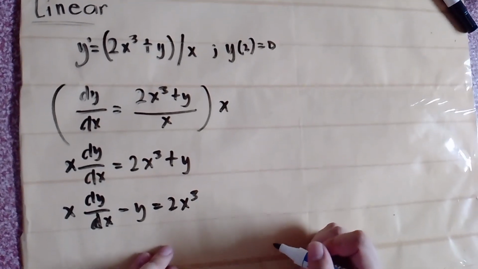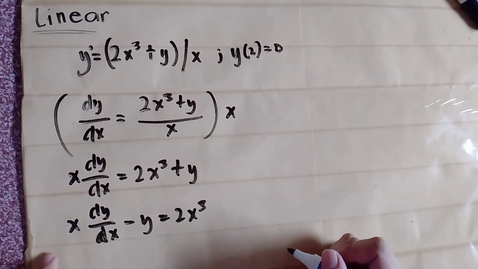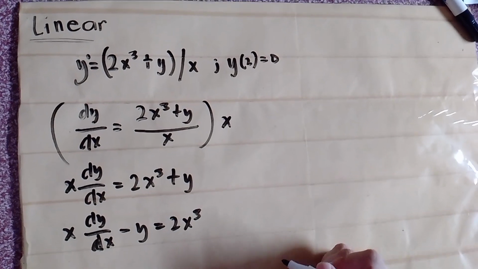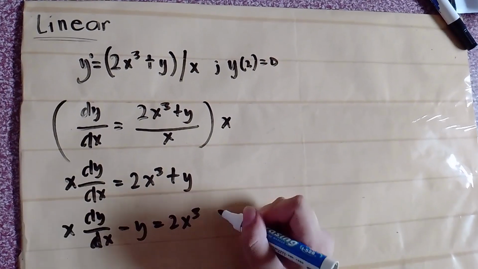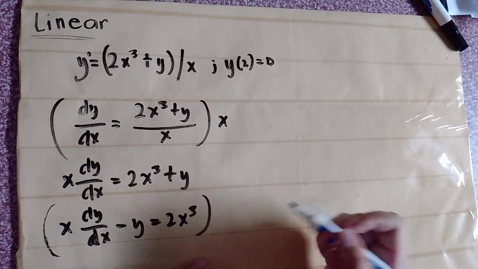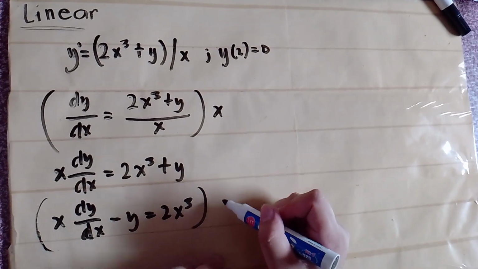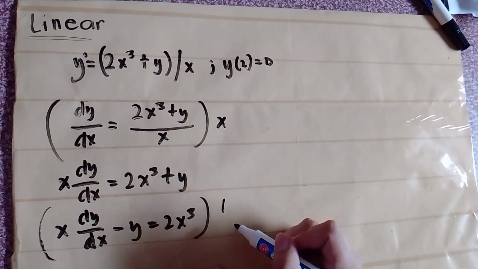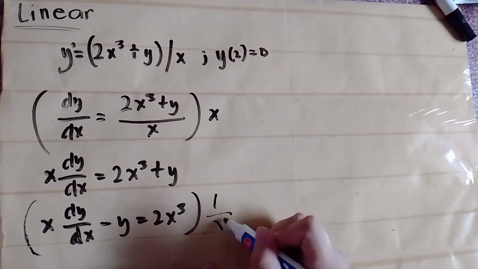And we have to eliminate the x so that we can have our standard form for the linear equation. So x, we have to eliminate this, we have to multiply both sides by 1 over x.